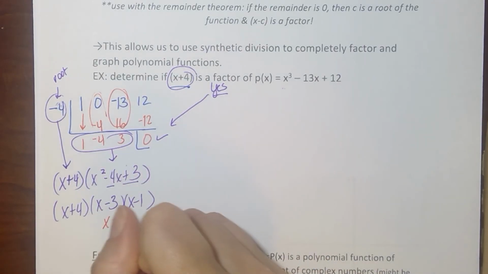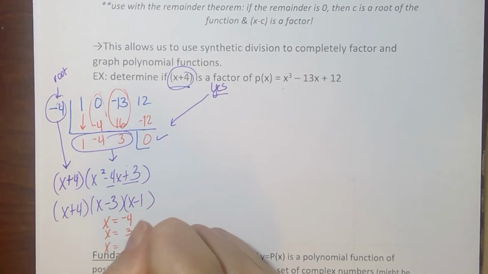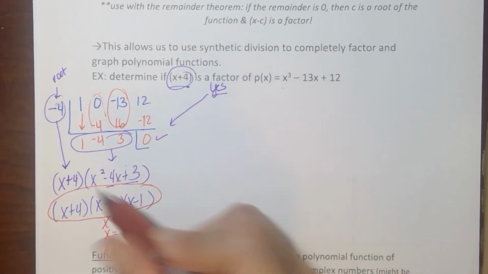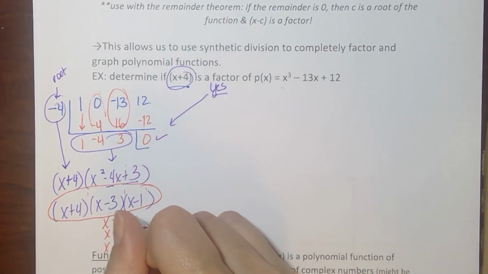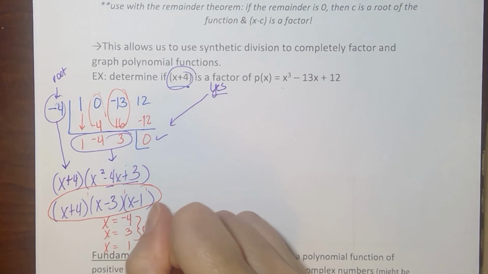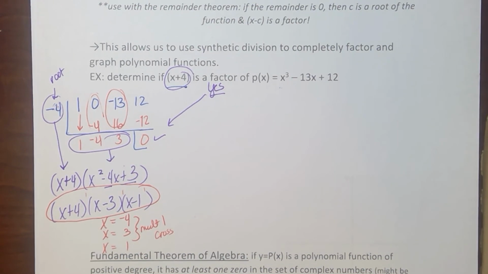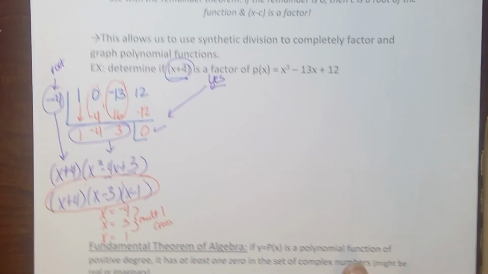I have x equals -4, x equals +3, and x equals +1. Again, when I look at these three factors, they all have an exponent of 1. So the multiplicity at each of these roots is 1, and the behavior is that the graph will cross at each of those roots. So let's set up our graph.